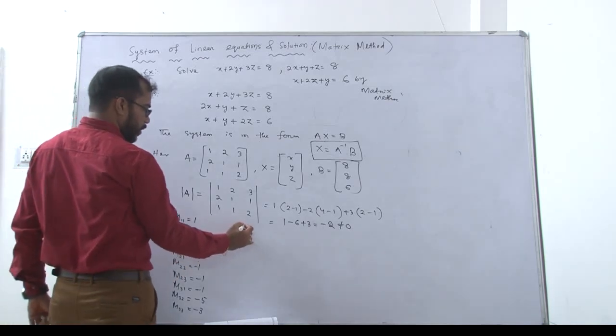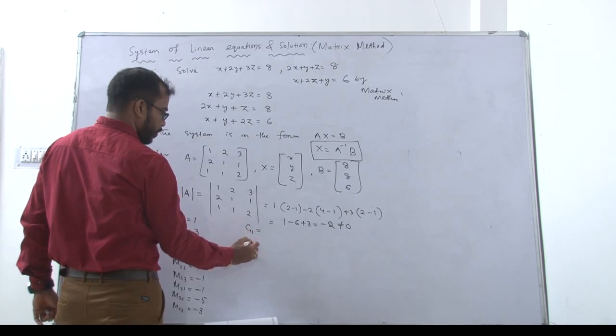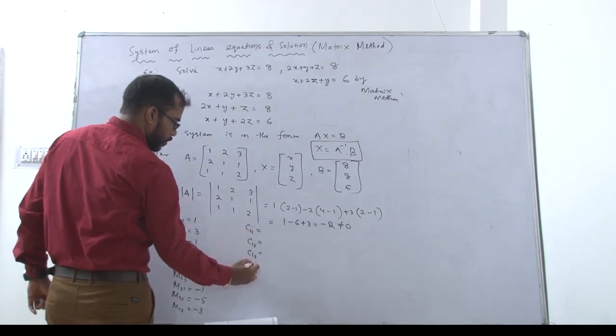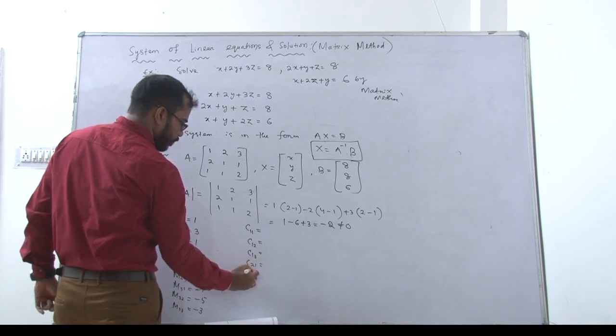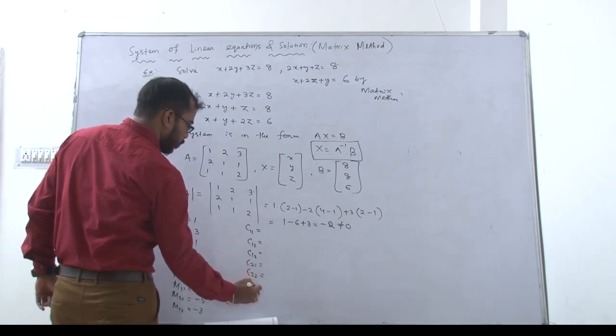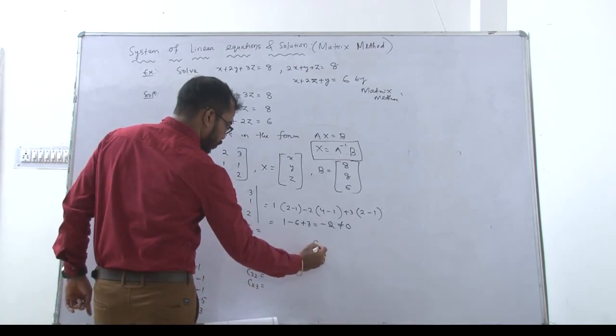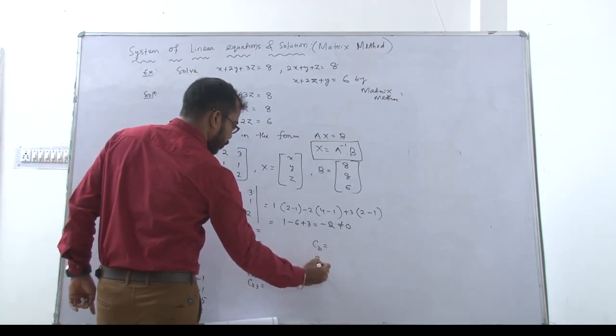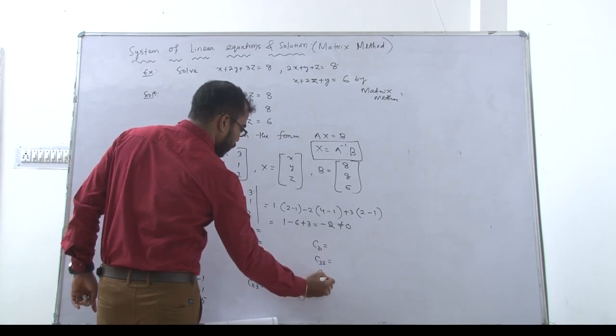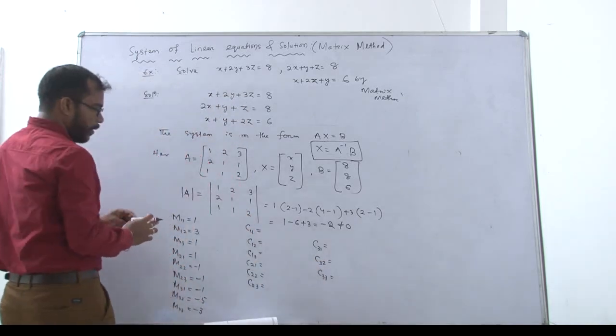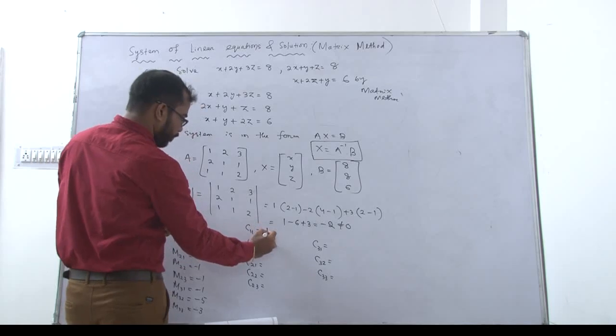Now we have to find cofactors: C11, C12, C13, C21, C22, C23, and here we can write C31, C32, and the last one is C33. Okay. So C11, the value of C11 is 1.